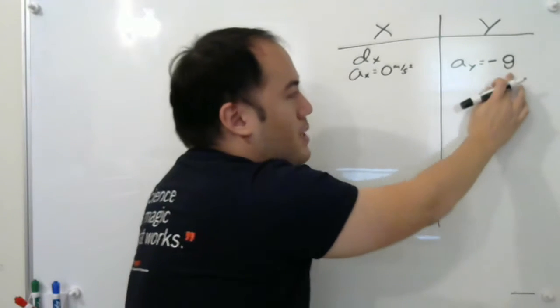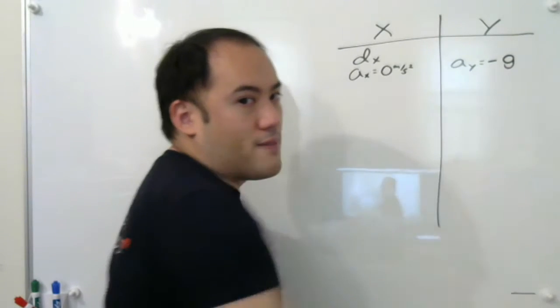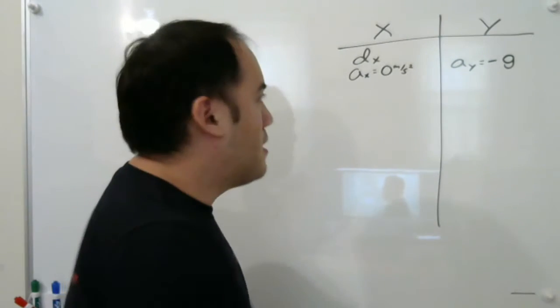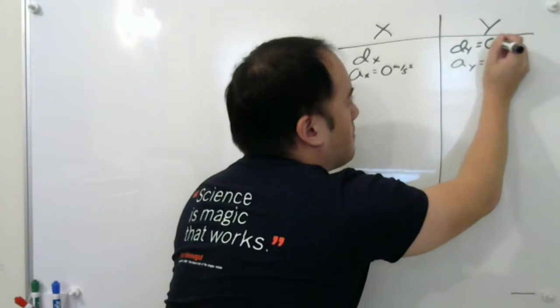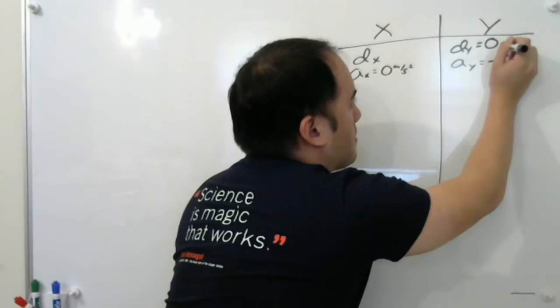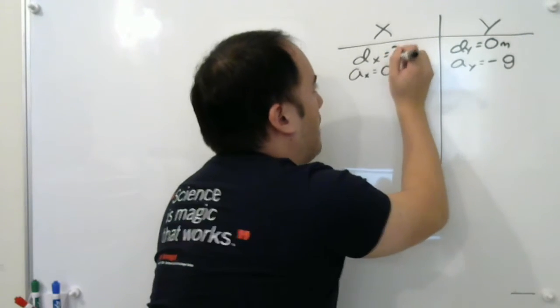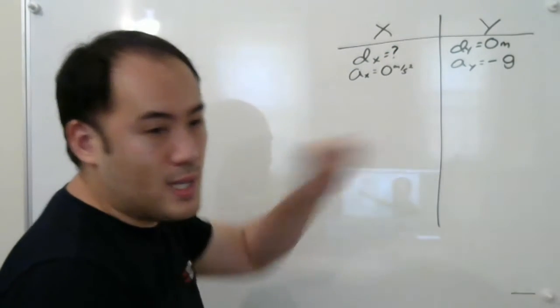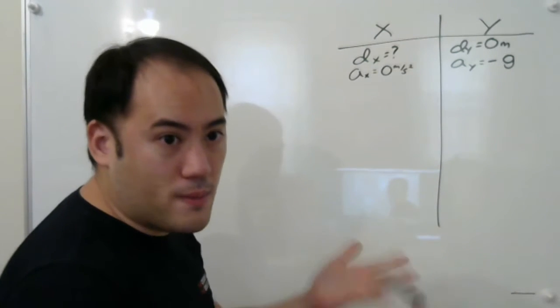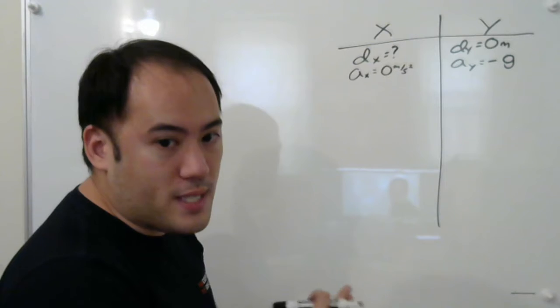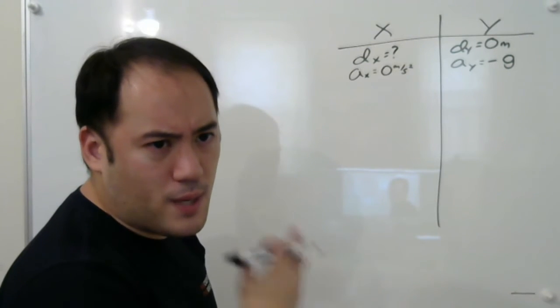So g is 9.8 meters per second squared, negative g, we have negative 9.8 meters per second squared. And we know dy is 0 meters. So I'm going to solve this problem algebraically, and then we'll have proof that 45 degrees is the best angle. And hopefully it won't take too long because I want to do another problem too.